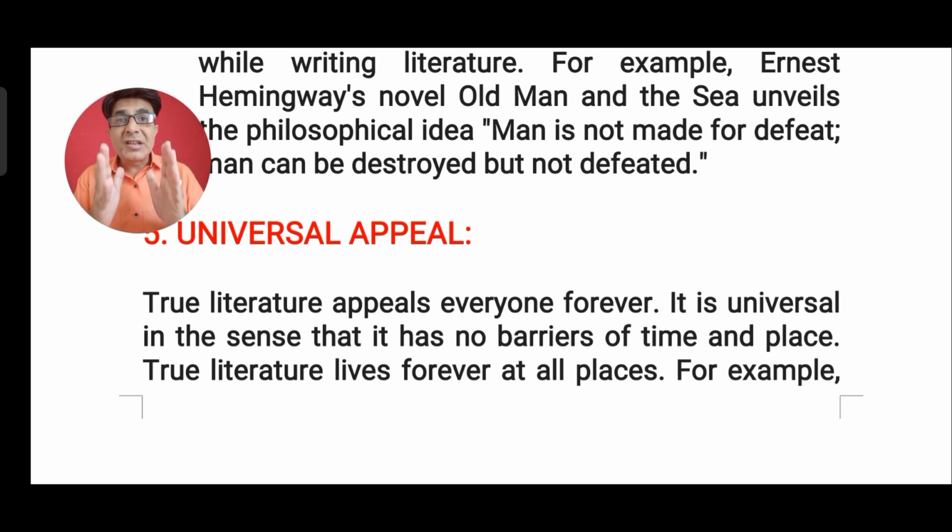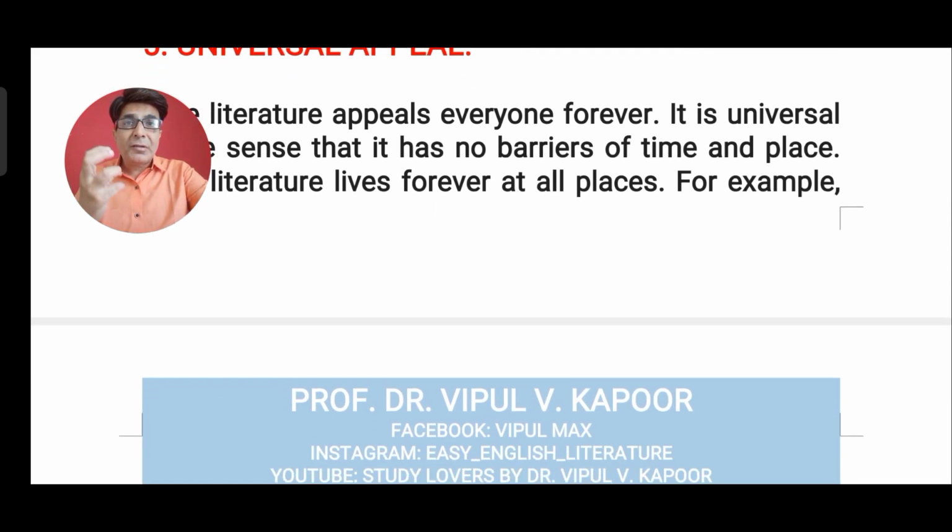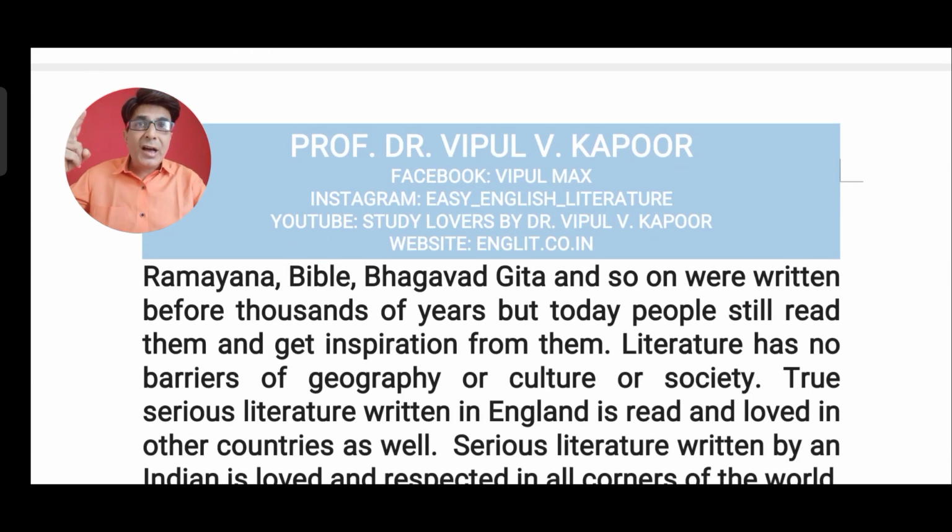Number 5 is universal appeal. Universal appeal means, true literature appeals to all and appeals in all times. It has no barrier of time, it has no barrier of place even. Good literature which was written 2000 years ago is read by the readers in today's times also. That shows what? It appeals in all times.